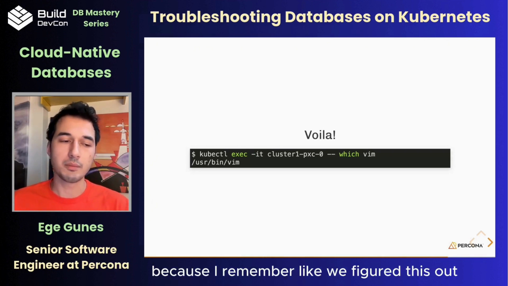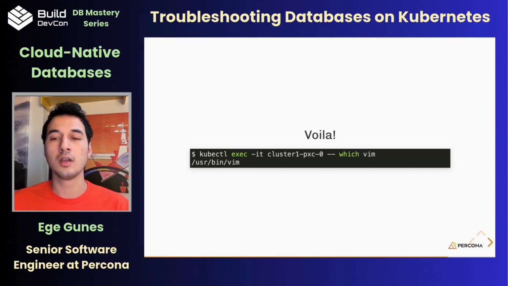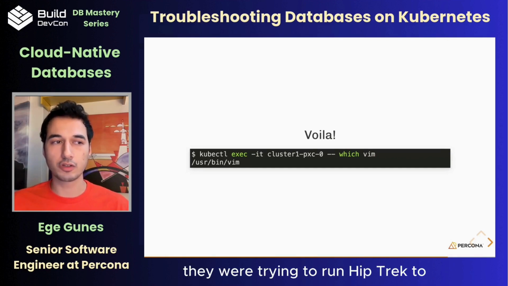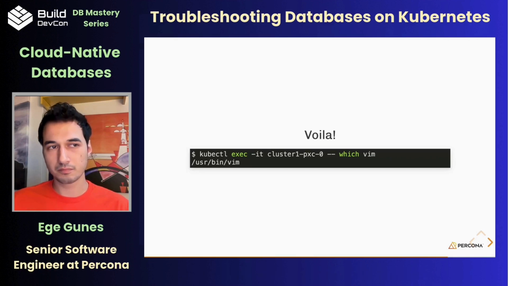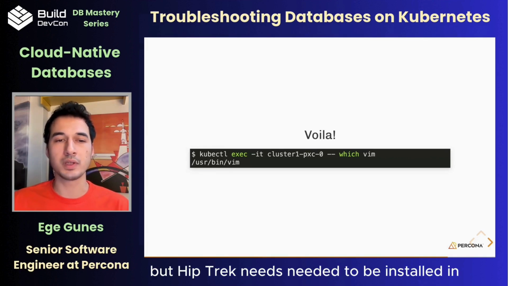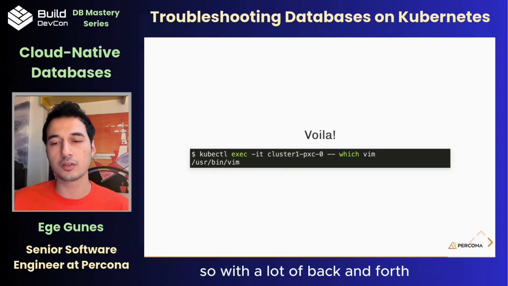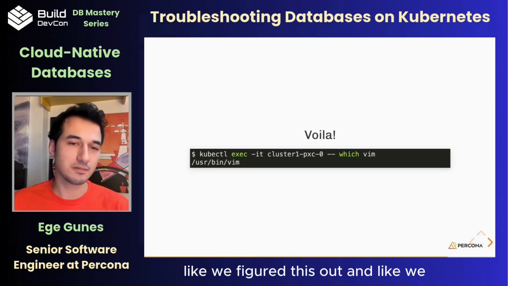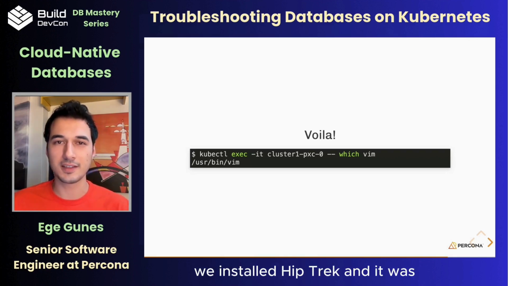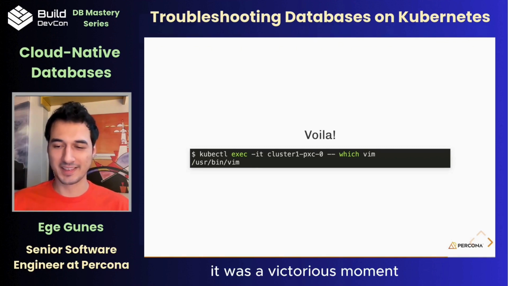I remember our support engineers figured this out when they were trying to run heaptrack to investigate and debug a memory leak in mysqld. But heaptrack needed to be installed near mysqld. With a lot of back and forth, we figured this out and installed heaptrack, and it was a victorious moment.